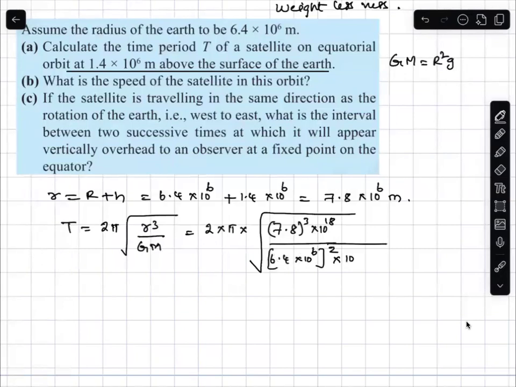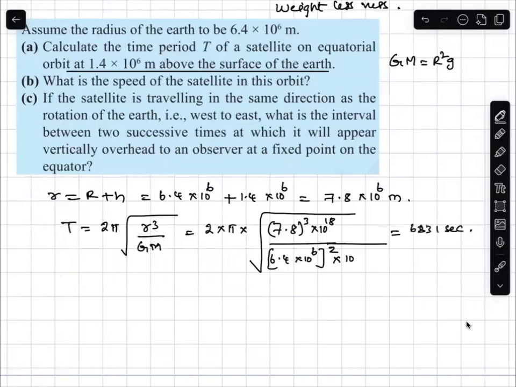By solving which you will get the answer. You will get the time period around 6831 seconds. It is not a big height actually, it is lesser than the radius of the earth. So not close to the earth, but fine, nearer to the earth.